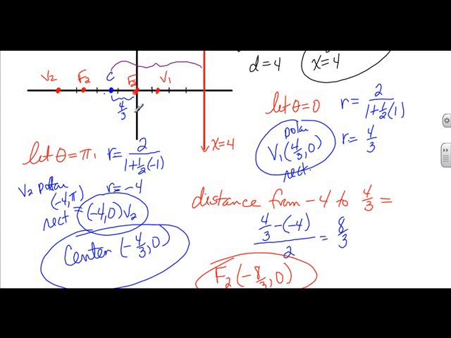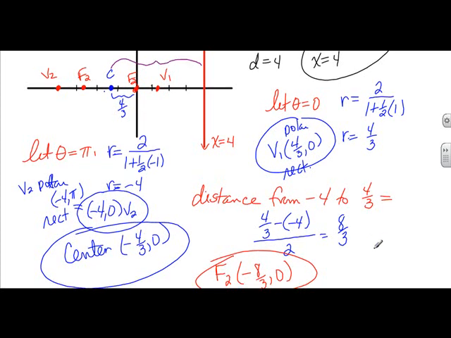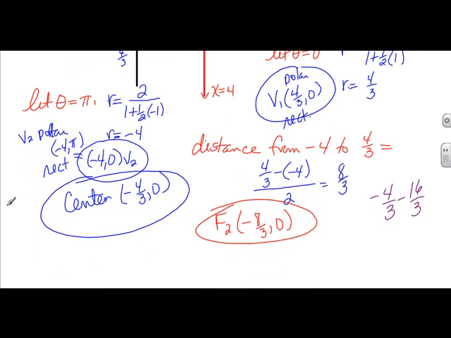So then we want to think about taking that negative x value of -4/3 for the center point and subtracting 16/3 from that. That's going to get us another directrix that's x is equal to -20/3.